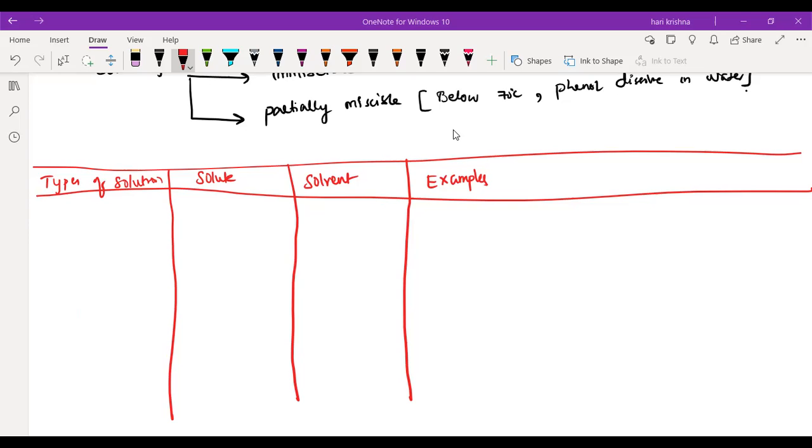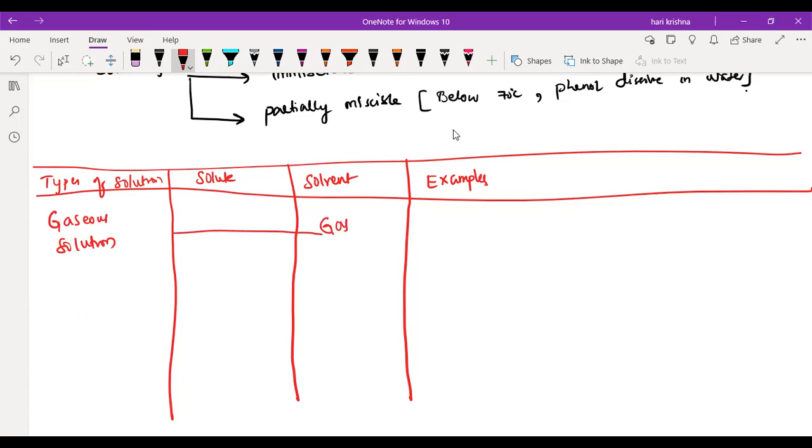So based upon the types of solutions, first we'll form the gaseous solution. Gaseous means what? The solvent is in the gaseous state. Gaseous solution means the solvent is in the gaseous state.